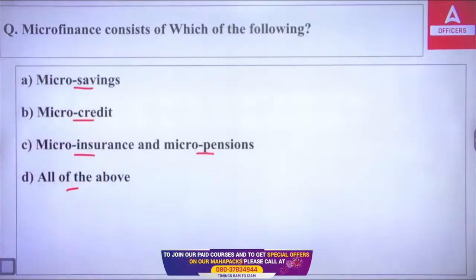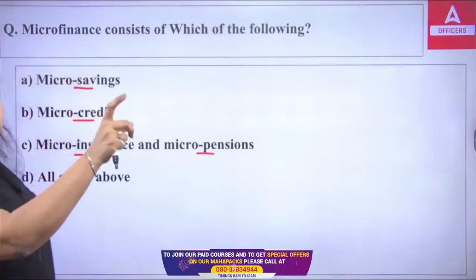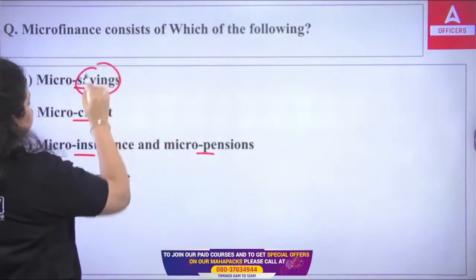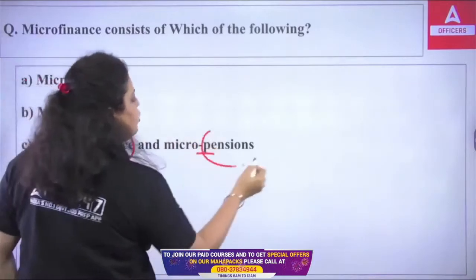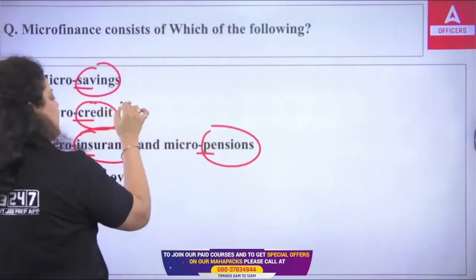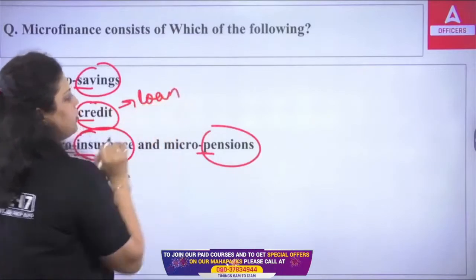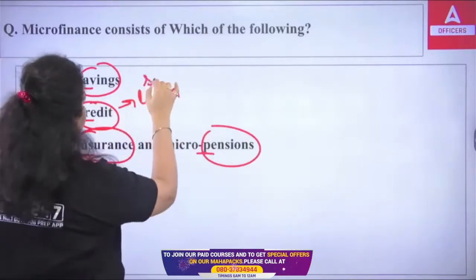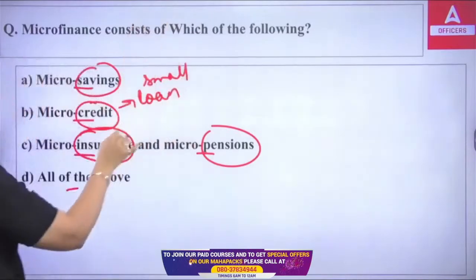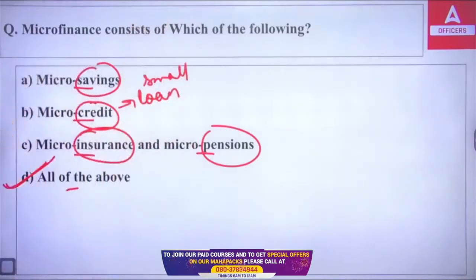Microfinance simply means the money related services you are providing, but you are providing micro services. So it will be micro savings, micro insurance product, micro pension, micro credit. Micro credit means small loans you are providing. All these are part of microfinance.